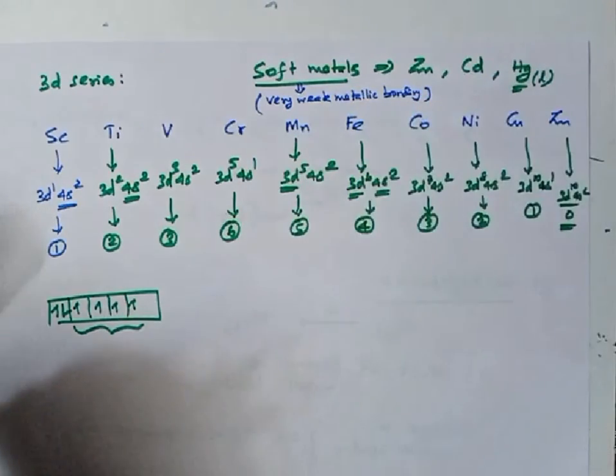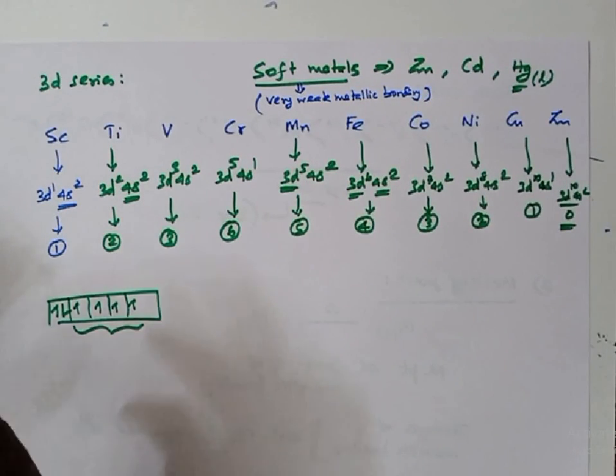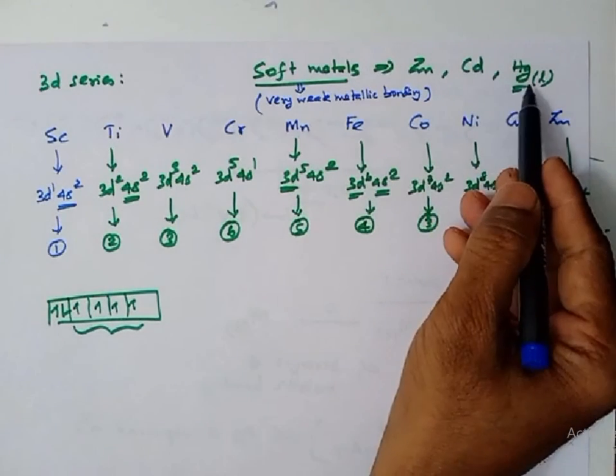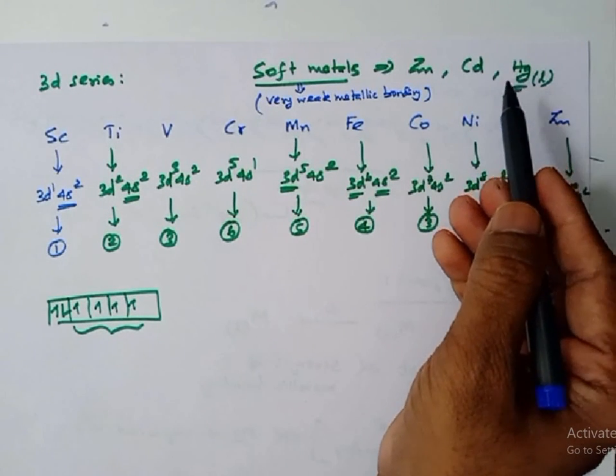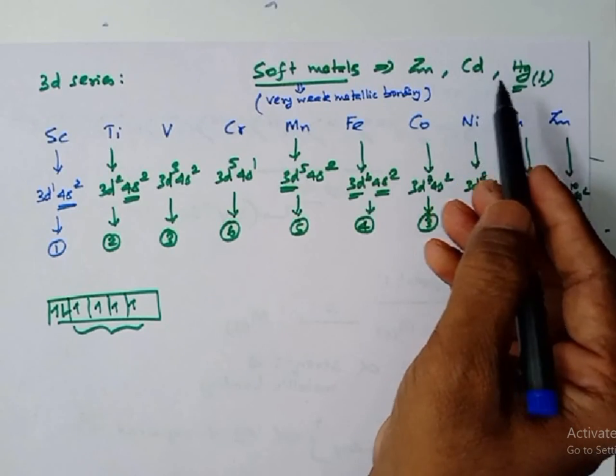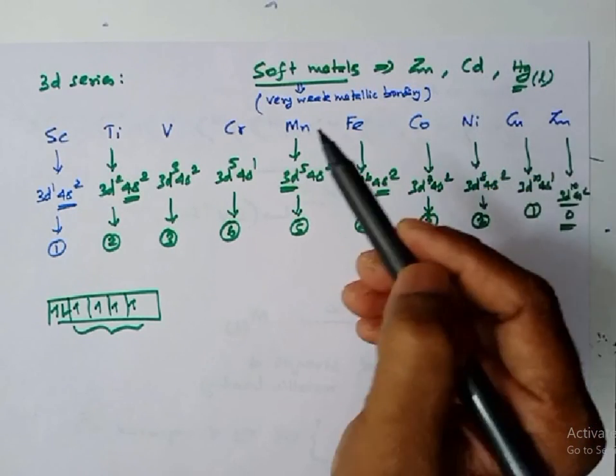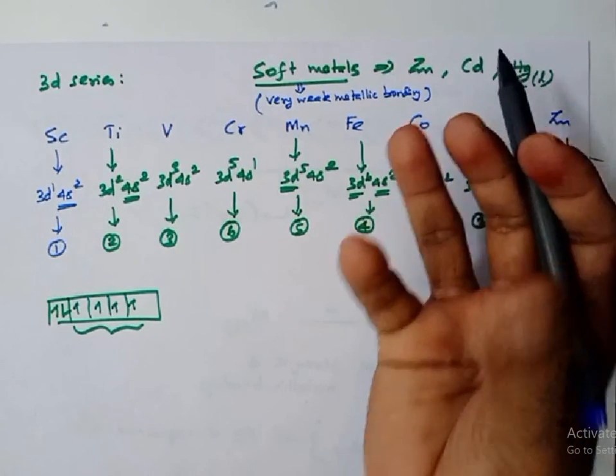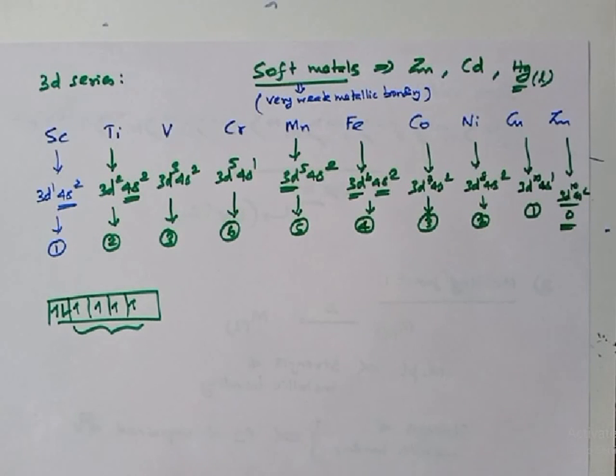Zinc, cadmium, mercury, they readily melt. And you know very well, mercury's melting point is below room temperature, below 30 degrees. So that's why mercury exists as a liquid in our condition. Clear?